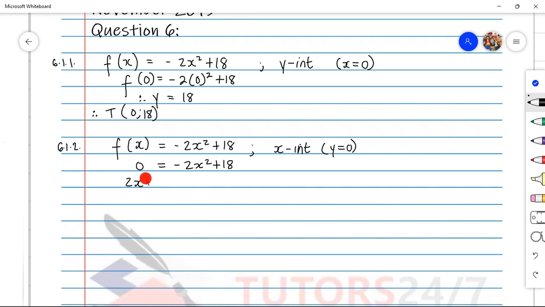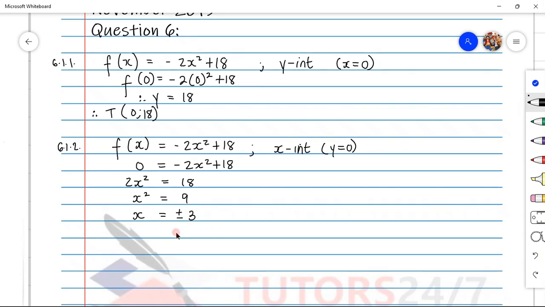That will become positive 2x squared equals 18. From here, we need to get rid of the coefficient of x squared before we can square root. So we're going to divide both sides by 2. So 2x squared divided by 2 gives us x squared, and 18 divided by 2 gives us 9. Now from here, we can square root both sides. So we end up with x equals the square root of 9, which is positive or negative 3.